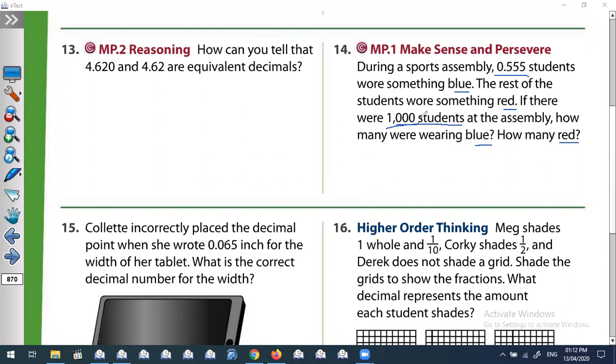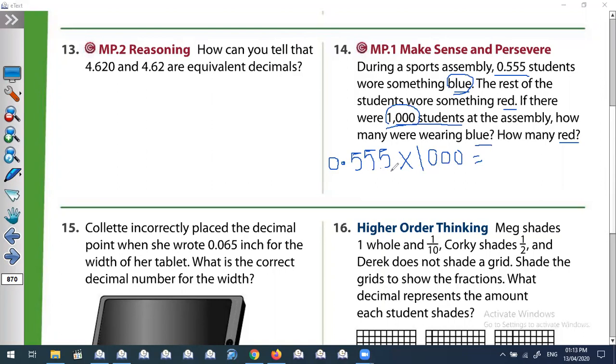0.555 of 1,000 were blue. So for blue, we are going to multiply 0.555 times 1,000. Just move the decimal point to the right 3 steps because we have 3 zeros.